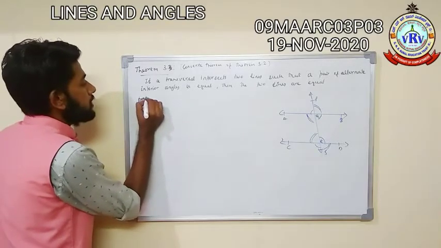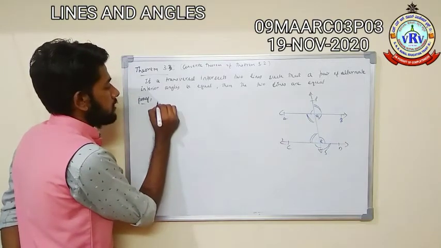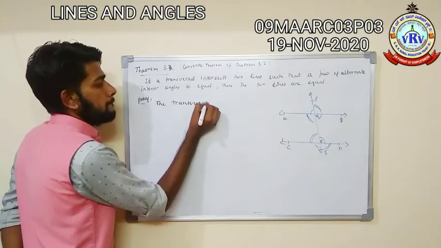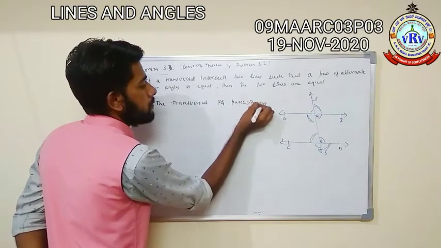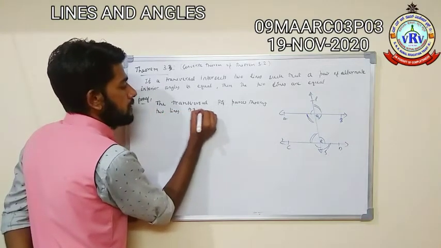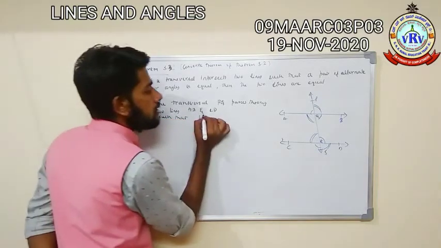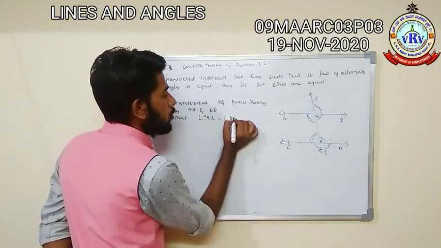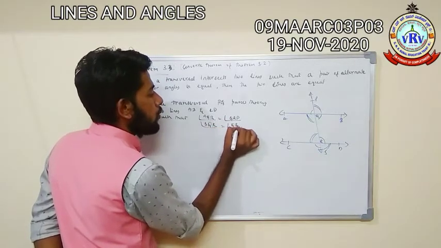Here they are given the transversal PQ passes through two lines AB and CD such that angle AQR is equal to angle QRD and angle BQR is equal to angle QRC.